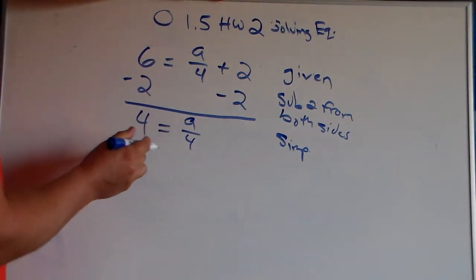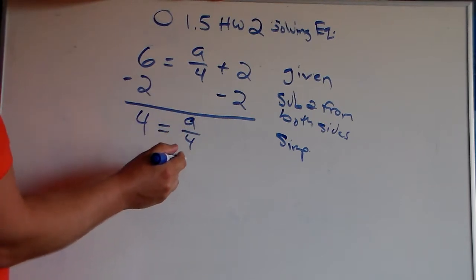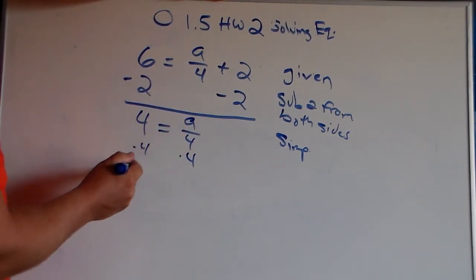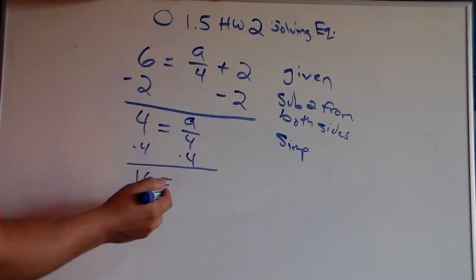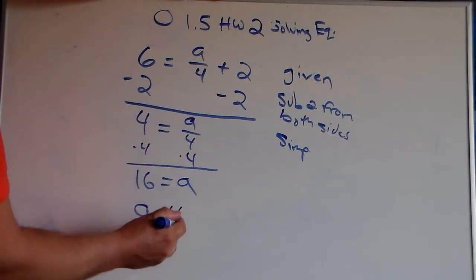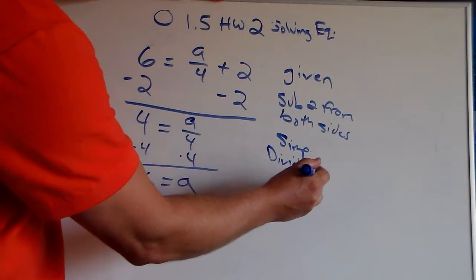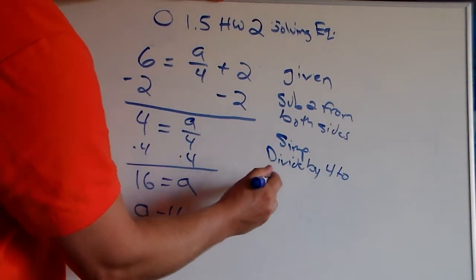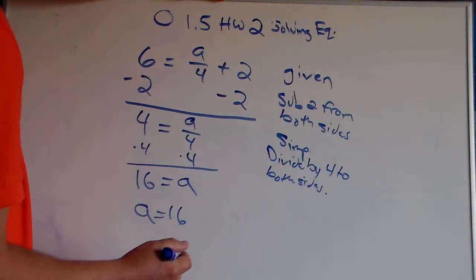Now, we have a divided by 4 equals 4. The opposite of divide by 4 is times 4, so we're going to multiply by 4 to both sides of the equation. 4 times 4 gets us 16. And now a is all by itself, so a equals 16. Write our steps out, divide by 4 to both sides of the equal sign.